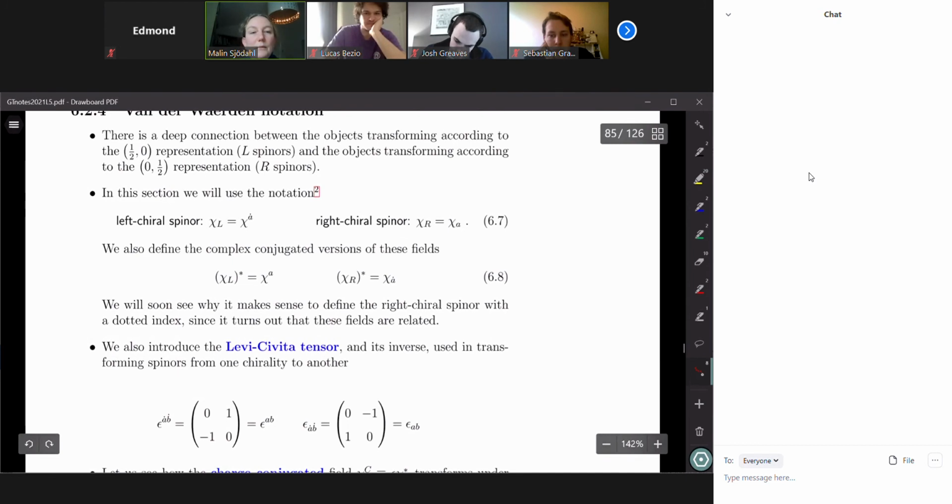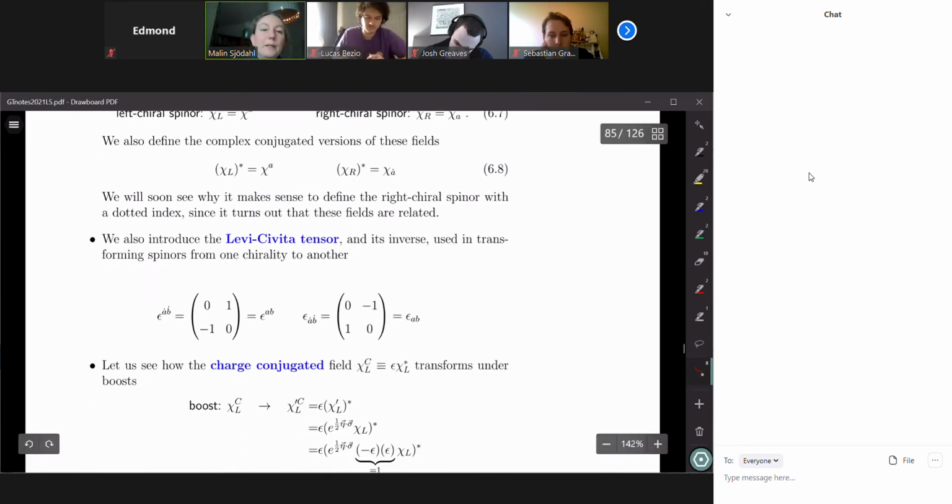Then we also define the complex conjugated versions of these fields in such a way that if I take the left one with the upper dotted index and complex conjugate it, I remove the dot on the A. Similarly, I take the right chiral field, complex conjugate it, and add a dot on the A. So if I complex conjugate, I add or remove dots on my indices, but I do not change the upper or lower position of the indices.